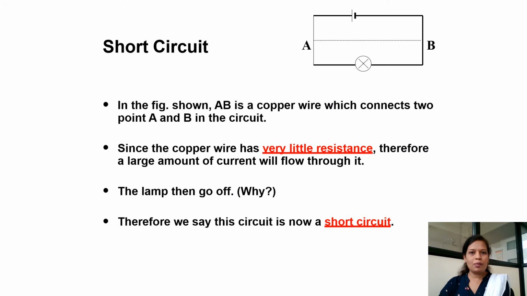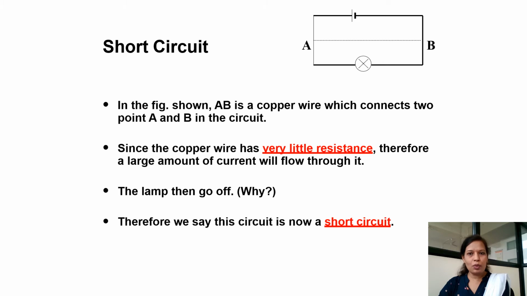Now we will see why the circuit is said to be a short circuit. Here a simple circuit is given in which a bulb is connected across a battery. When the circuit is energized by the source, the bulb will turn on. If a copper wire is connected in between the bulb and battery, then what will happen?